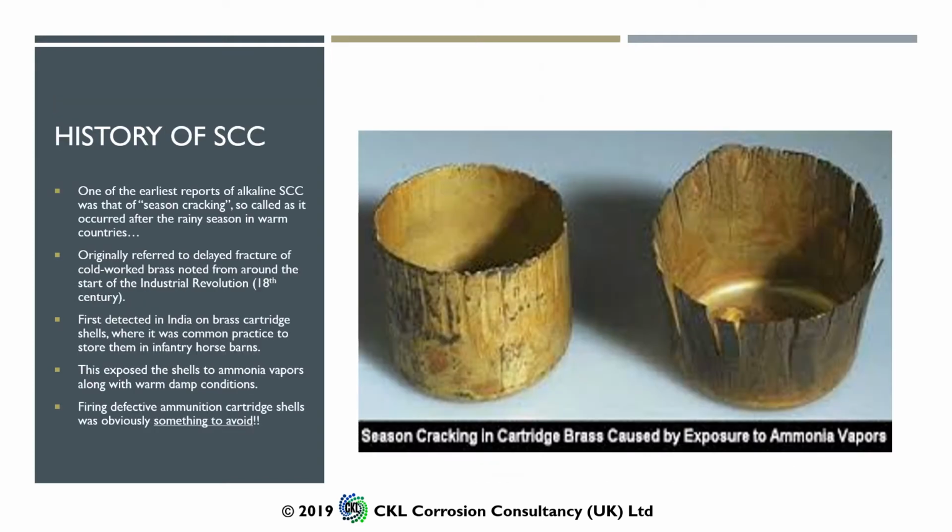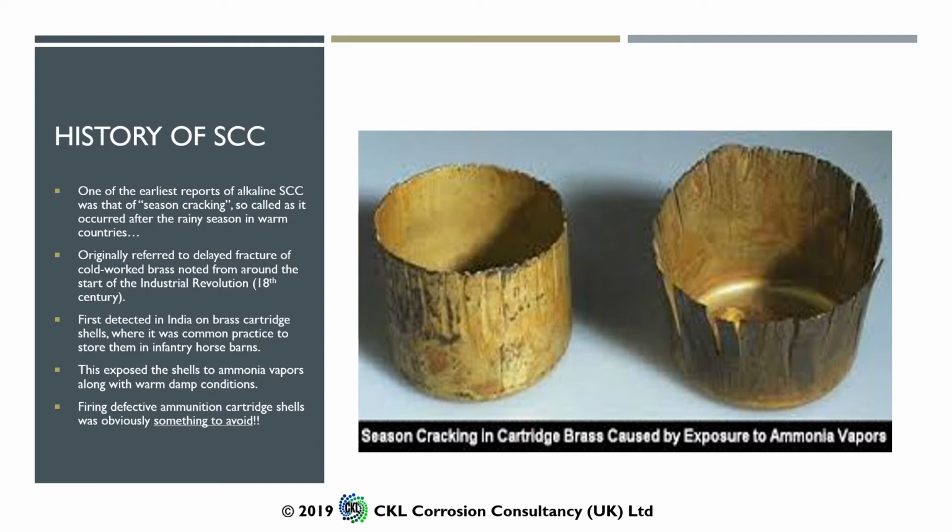So one of the earliest reports of stress corrosion cracking in the world was a form of what's called alkaline stress cracking, because it occurred in an alkaline environment, we now know. But at the time it was given the name of season cracking.